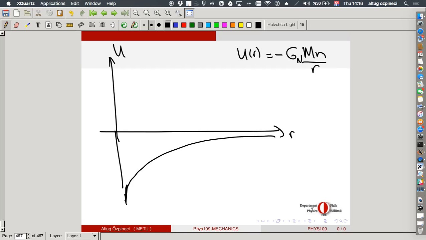Now, U of R is equal to minus G n m over R. When R becomes very small, this number becomes very large, but minus very large. So when R is small, the potential energy goes to minus infinity. When R becomes very large, this 1 over R becomes very small. So this is the shape of the potential energy.